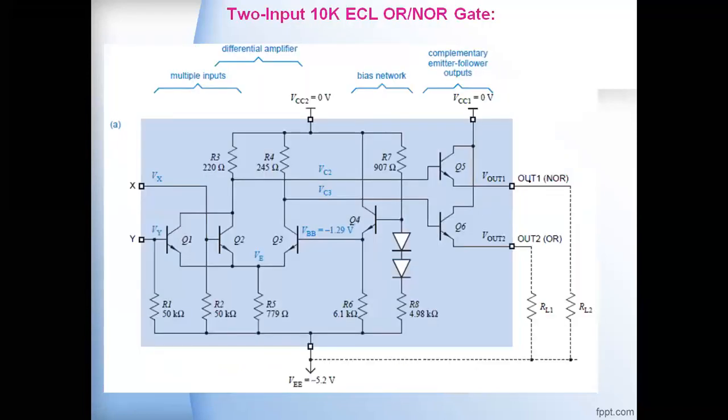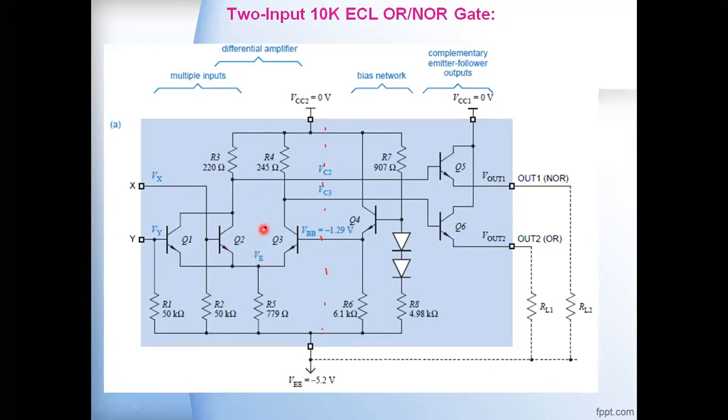And now here you can see the circuit diagram of the ECL OR and NOR gate. This question is also important. The only difference is that here we have some additional circuits added. Till this point, if you see, this just looks like a basic emitter follower, isn't it?